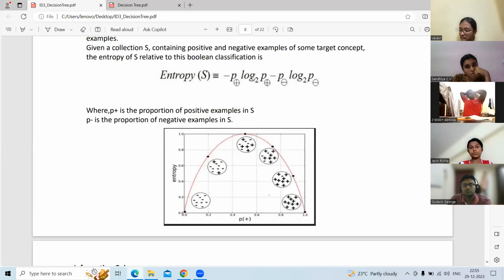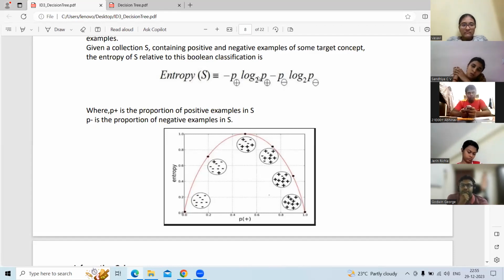Hypothetically, had it been three different classes, then we would have one more probability times log of probability. Actually, this is sigma. Correct. So basically what we're saying is sigma of negative P log P, to the base 2, where P is the probability of a particular class. Is that right? Correct.